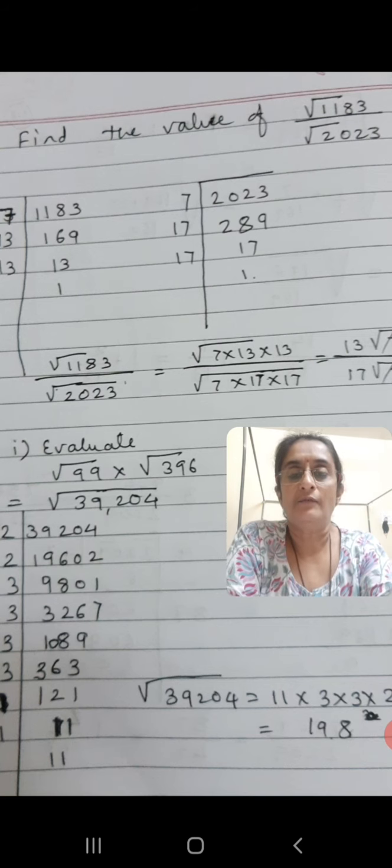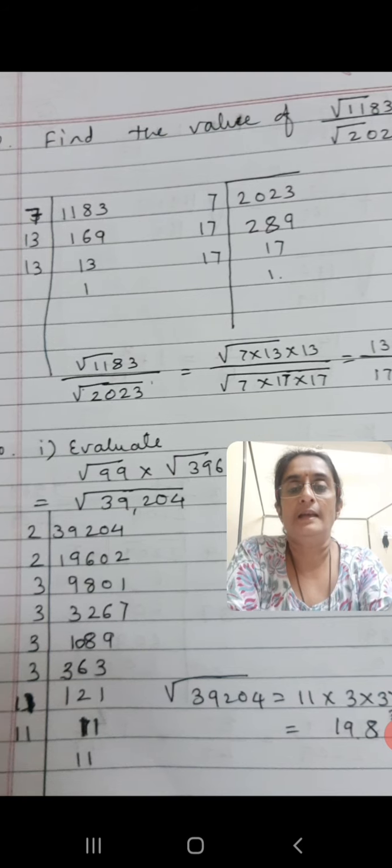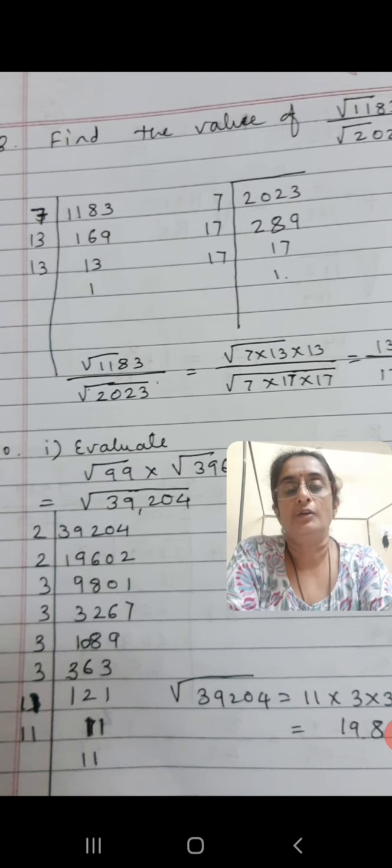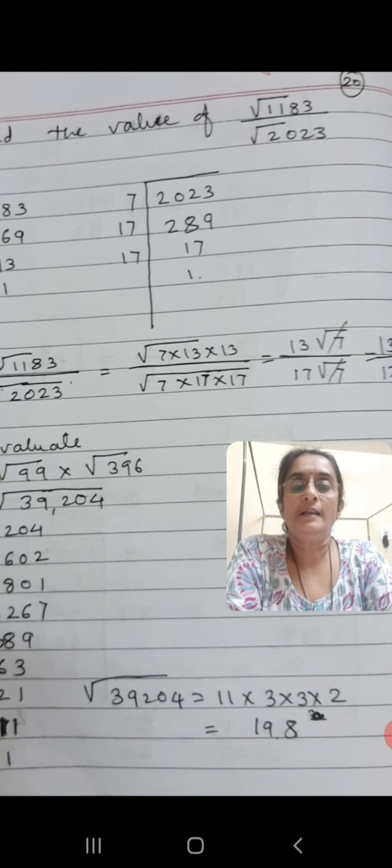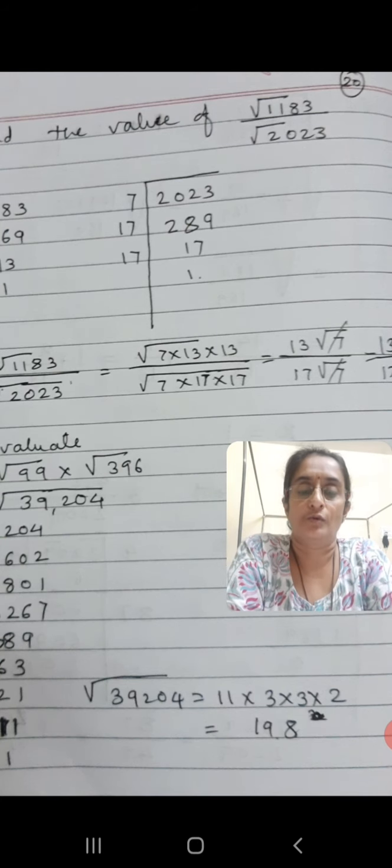When you do the prime factorization of 1183, you will get 7 into 13 into 13. When you do the factorization of 2023, you will get 7 into 17 into 17. So I have put those in root as it is. So 13 into 13, it's a pair, so that is a whole perfect square.